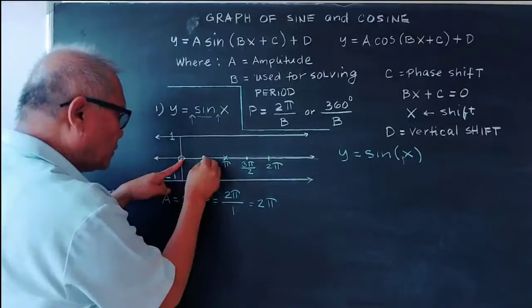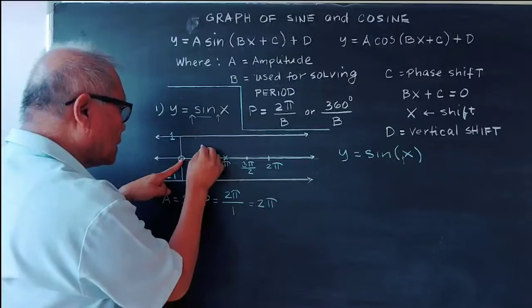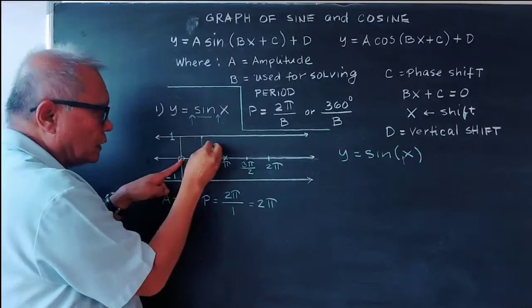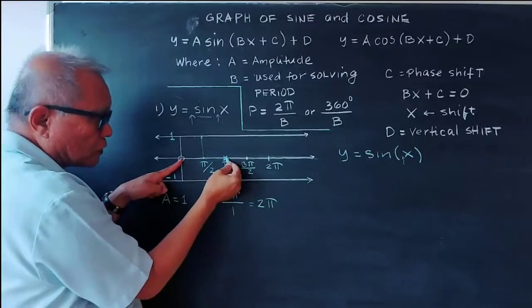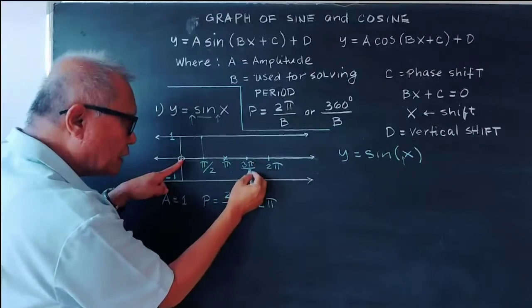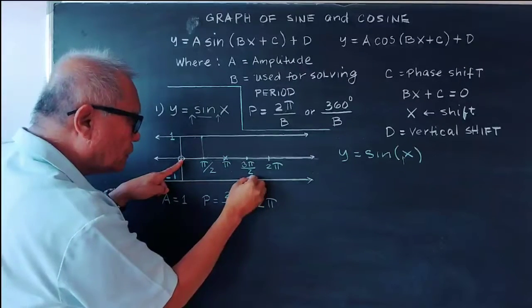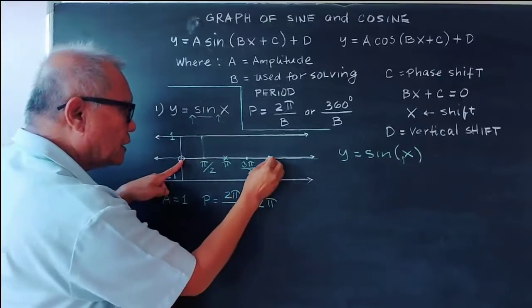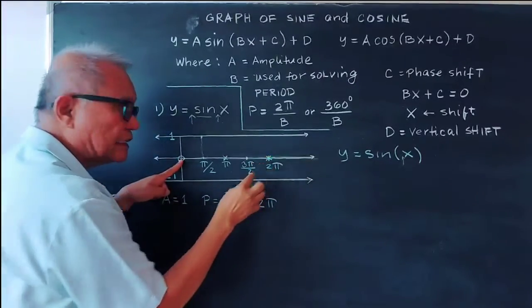Can you see pi over 2 to here? So you have there the point to draw, and then this one will cross the middle, the center, and then it will go down here on the 3 pi over 2. Okay. And then until there.